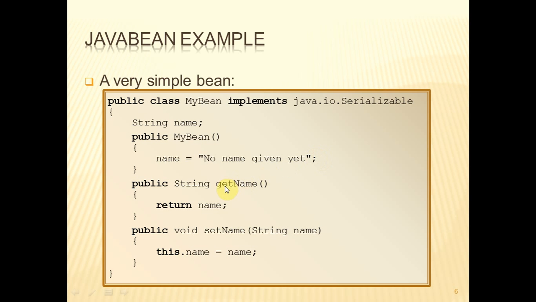And then in this example, we've got a get and a set method for this property. But you don't have to have both. You might perhaps have just a get. But if you've not got any mechanism in here for setting the value for that name to something meaningful, then it might not make much sense to omit set name. So usually with a default constructor which is giving default values, you probably would want a set method as well.